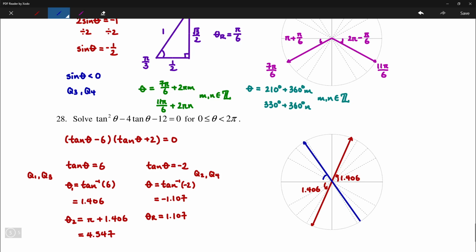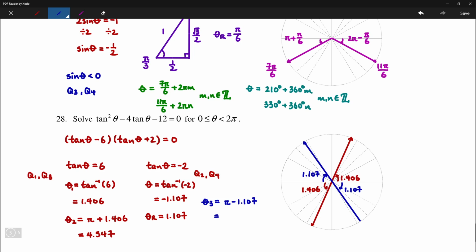Here the reference angle is 1.107, and here the reference angle, once again, is 1.107. That means for the third angle, we have pi minus 1.107.